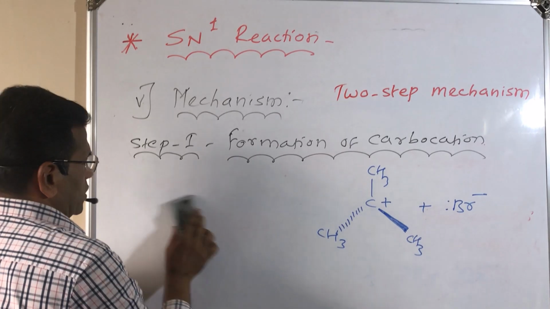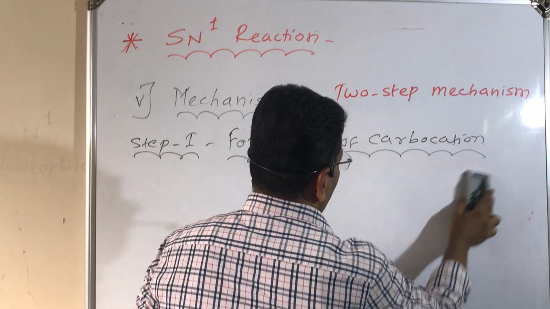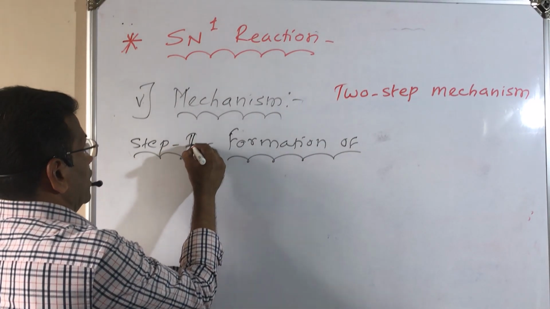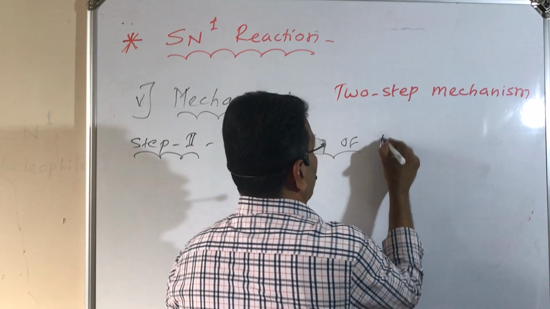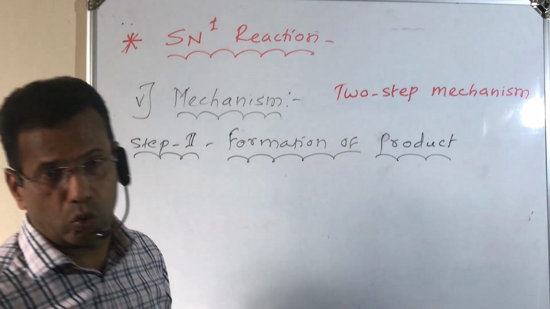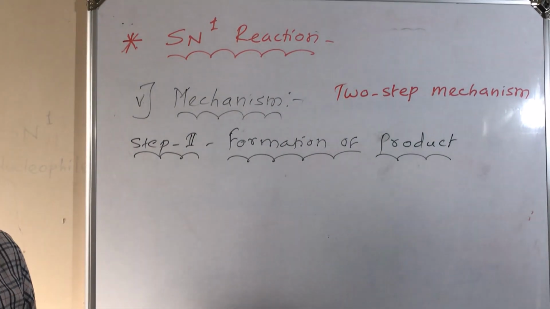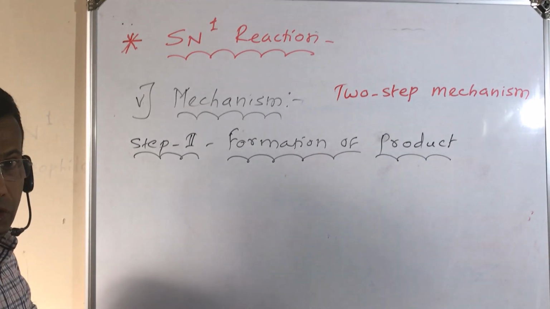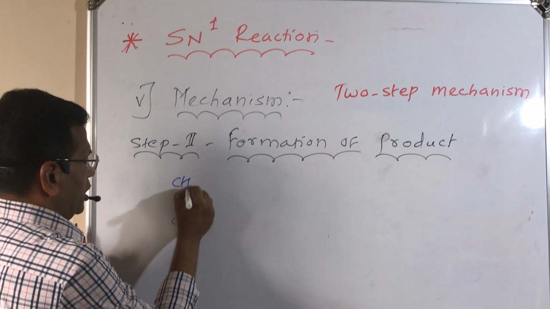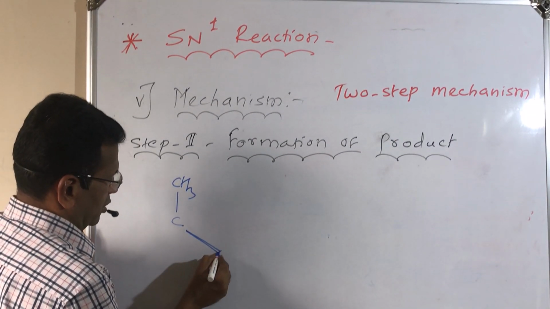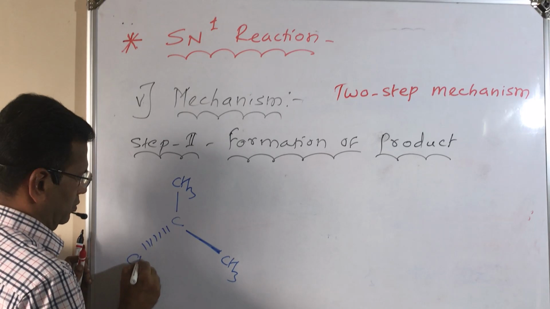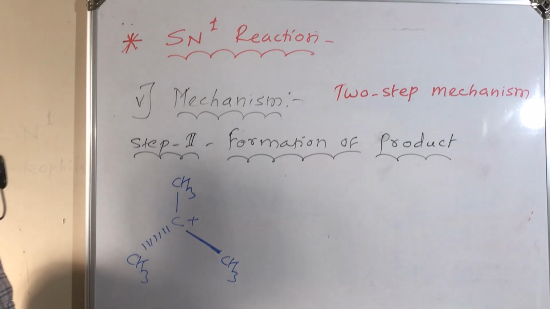Now step 2. Once T-butyl carbocation is formed, OH minus ion becomes active. So step 2 is formation of product. What is the product in that reaction? The product is T-butyl alcohol. The product of the first step is T-butyl carbocation, which has planar trigonal geometry. It is an electrophile.